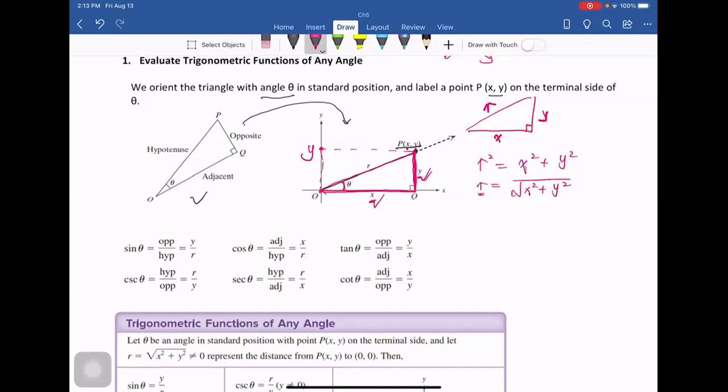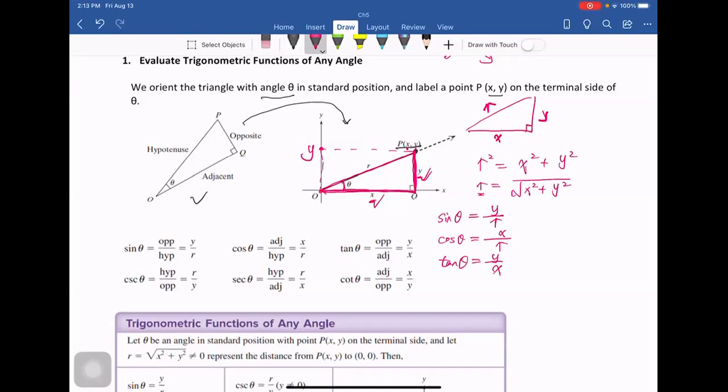So in this right triangle, we can find sine theta equals opposite divided by hypotenuse, which is y over r. Cosine theta equals x over r. Tangent theta equals y over x, that's the opposite divided by adjacent.